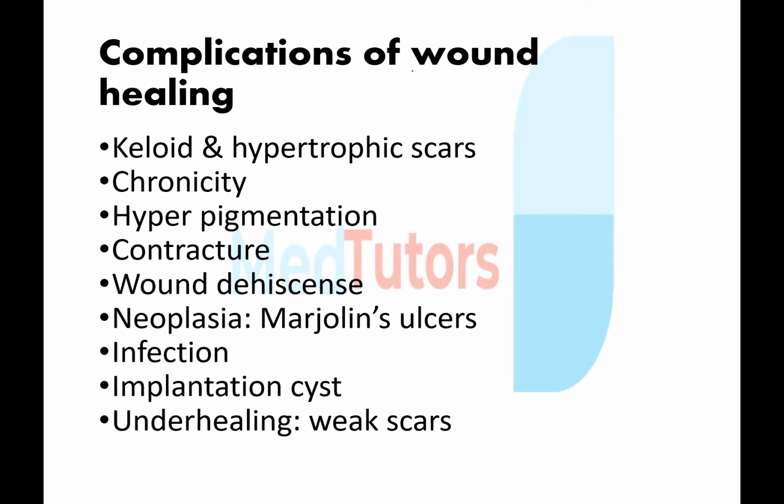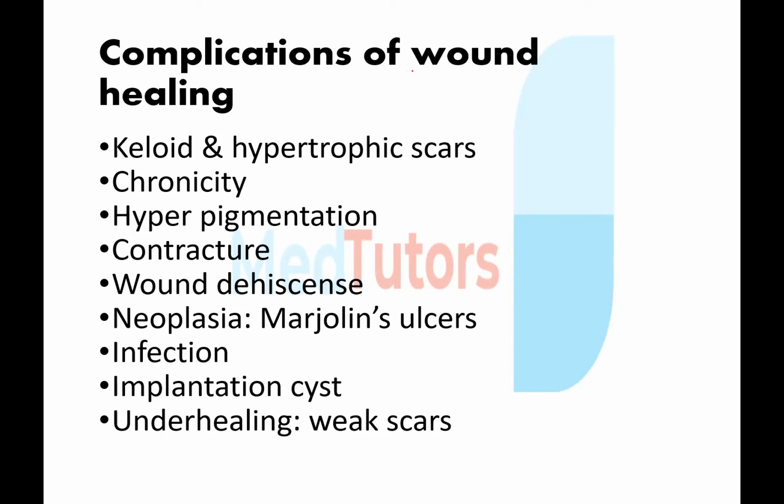There could be neoplastic transformation. When a chronic wound transforms into a malignancy, it is called Marjolin's ulcer. This is a form of squamous cell carcinoma. This is the reason why any chronic wound that presents to you, you must take a biopsy for histology to rule out malignancy.